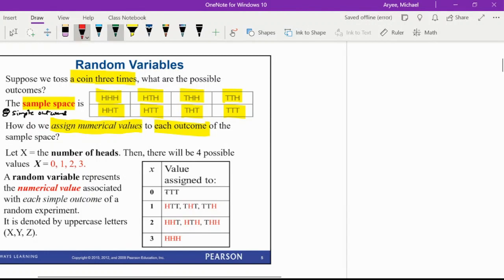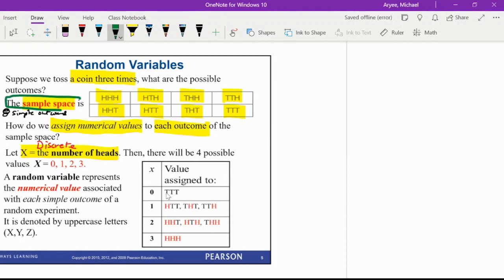For example, we can decide that we are interested in the number of heads. Because I'm using the number of heads, I'm going to count something, and things that are counted are discrete.